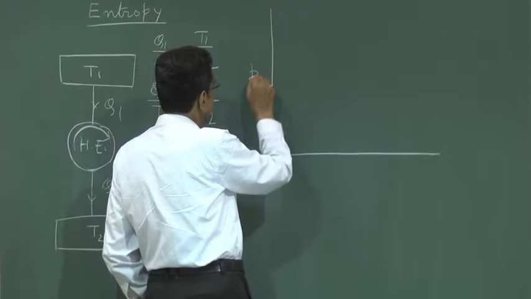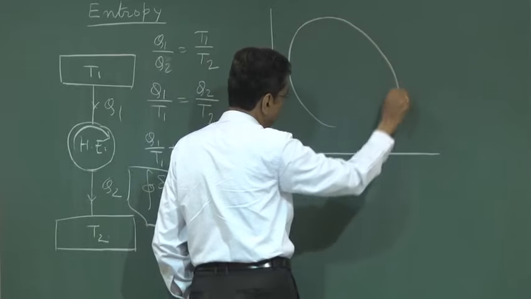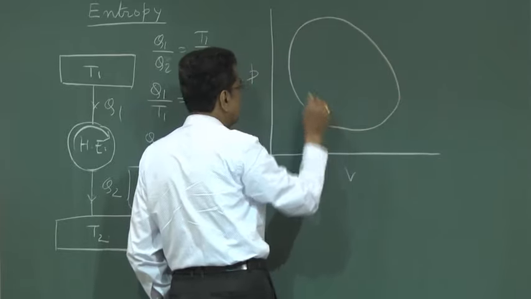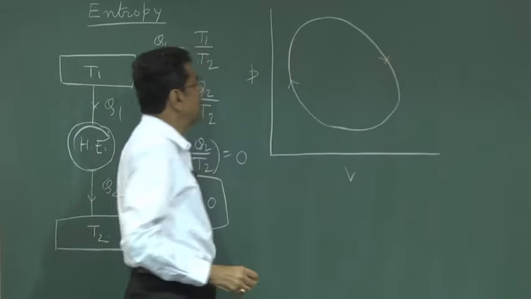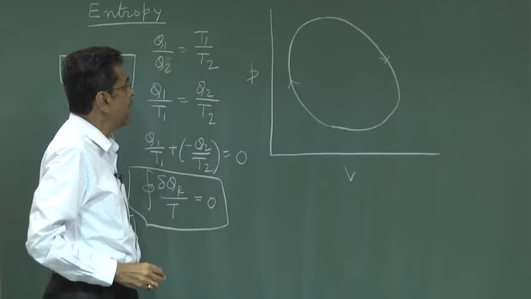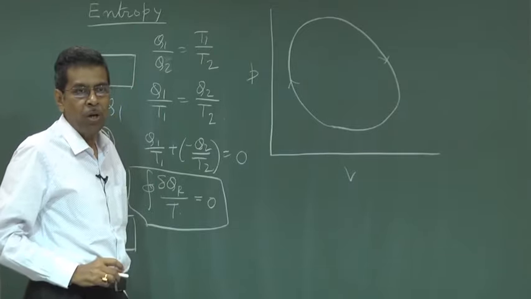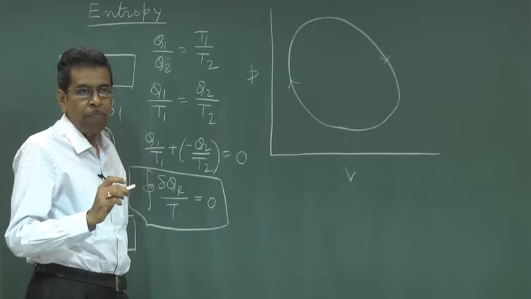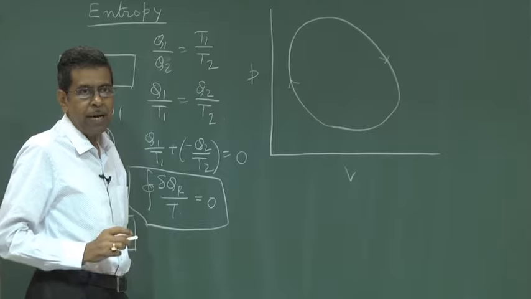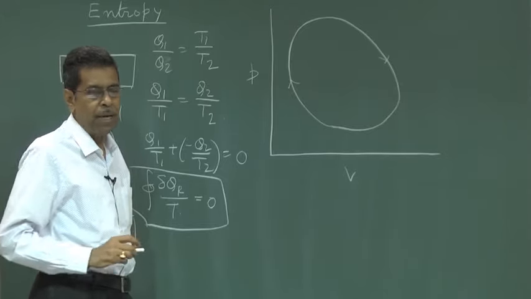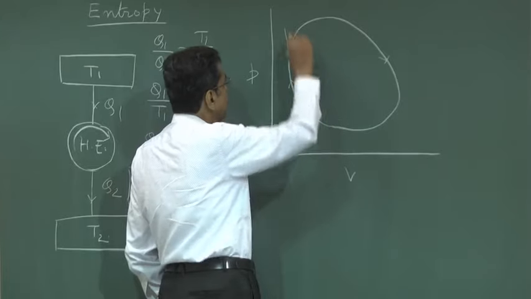Let us consider in a thermodynamic PV plane a closed loop like that, which in general represents a cycle. Now in this case we can divide this thermodynamic cycle into infinitely small elemental Carnot cycles, an infinite number of elemental Carnot cycles like this.